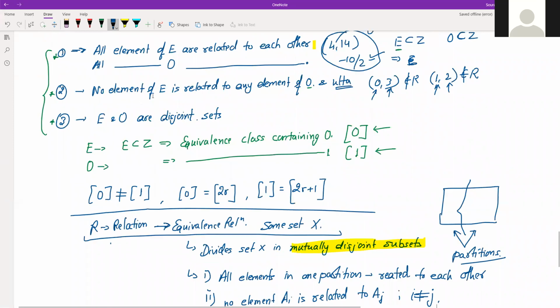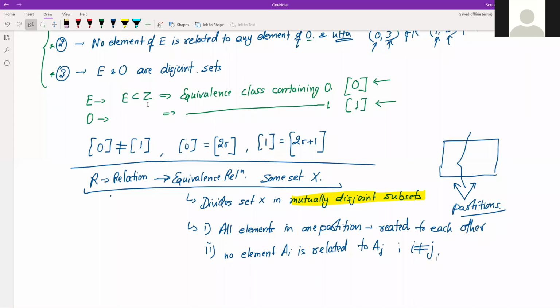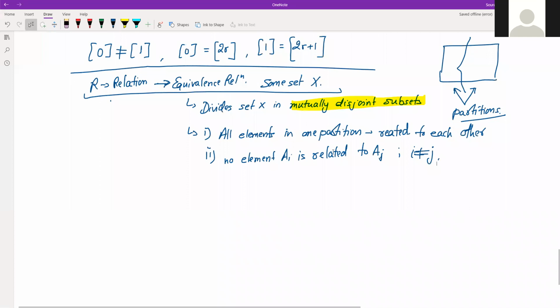And what was the third condition? These two sets are disjoint sets. Disjoint means there is nothing common between these two sets, that is, Ai intersection Aj is equal to null. Nothing is related.